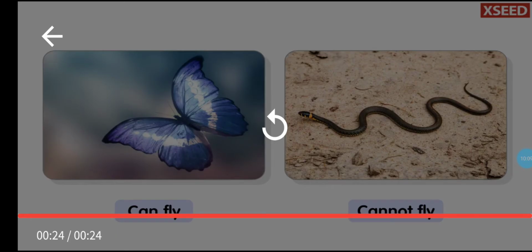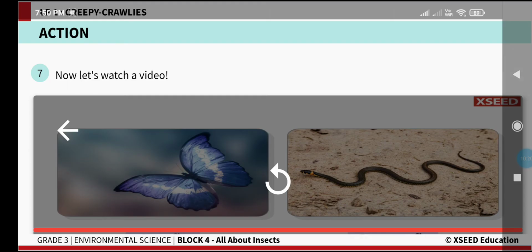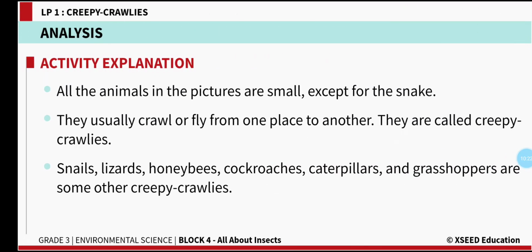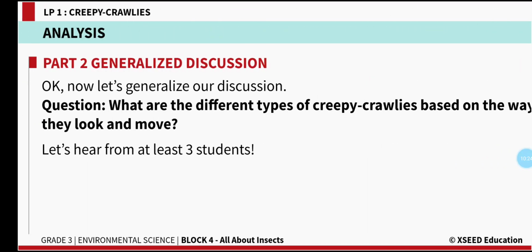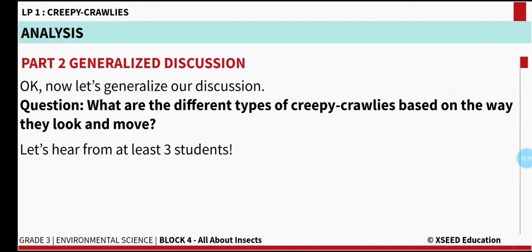Understood, children? So how these creepy crawlies are different from each other, we'll see now. How they are able to separate or identify, how they are able to categorize into different groups, we'll see.